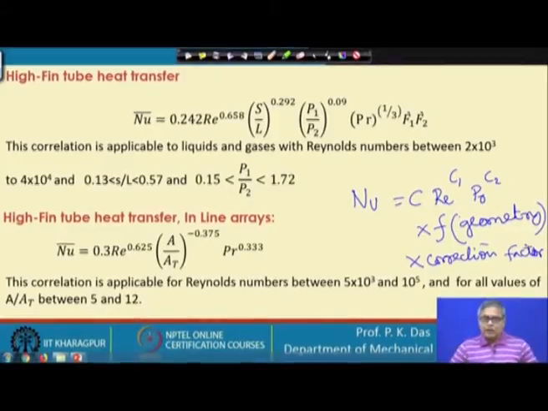You see, we are already familiar with the heat transfer coefficient or Nusselt number, but from whatever we have done, we can see that the Nusselt number is in general given by this kind of a formula: some constant, Re to the power C1 and Pr to the power C2, where C1 and C2 are again constants. Then if it is a complex geometry, some geometrical parameter will come. That means there are more lengths which are important.